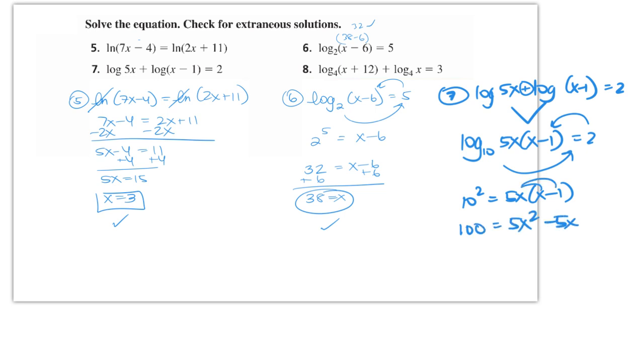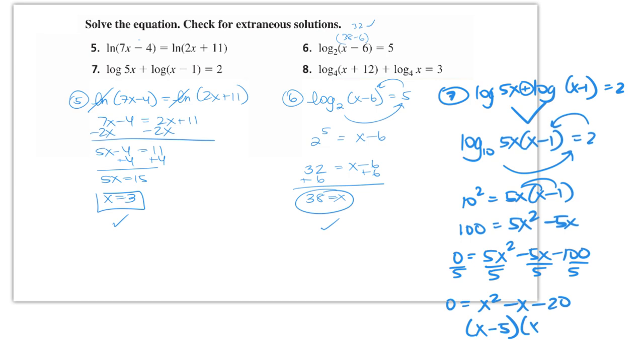Again, distribute. It's a quadratic, so I'm going to subtract 100 from both sides. And I'm going to divide everything by 5 because I want to simplify this to the smallest numbers possible. And then it makes it super easy to factor: x minus 5, x plus 4. So x equals 5 and x equals negative 4.